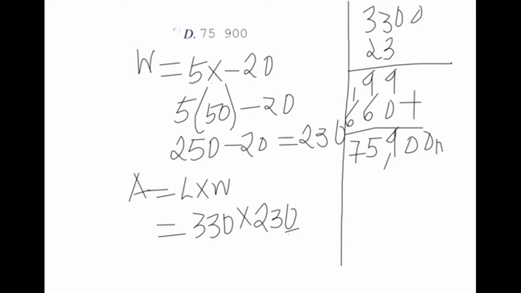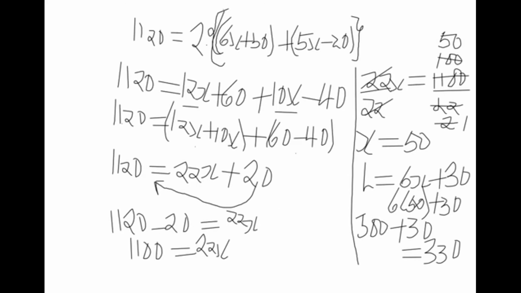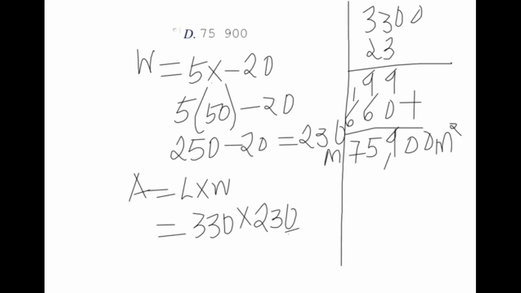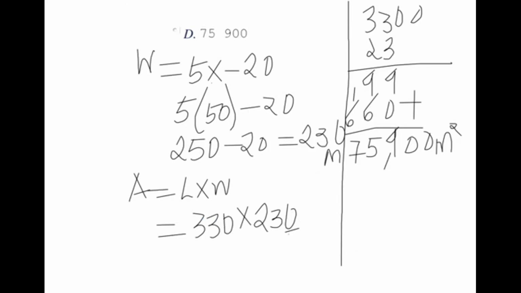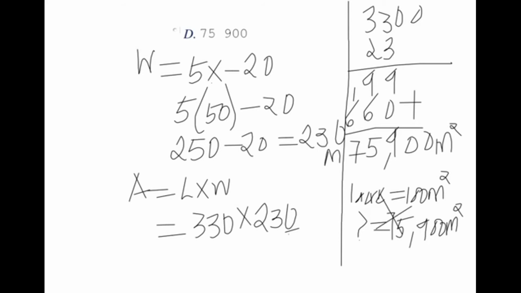That is 75,900 meters squared. The answer should be in acres. So 1 acre equals 100 meters squared. 75,900 meters squared is equivalent to how many acres?